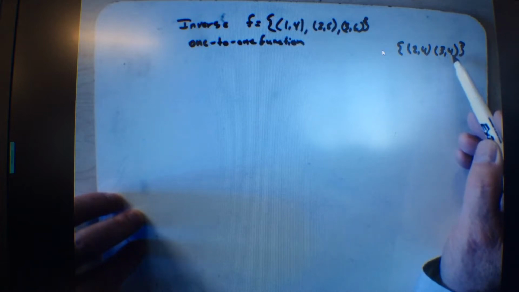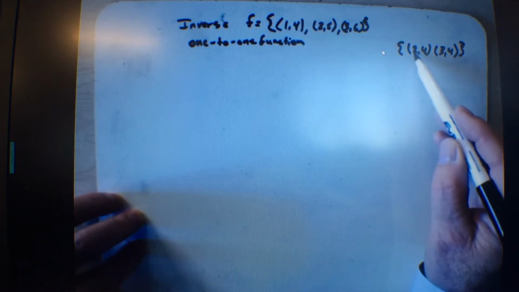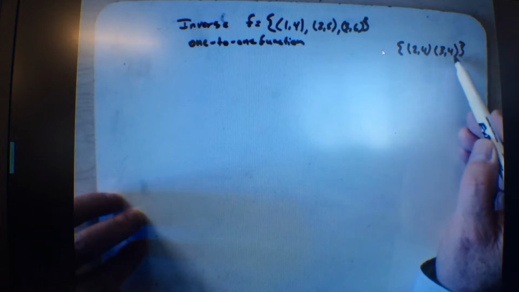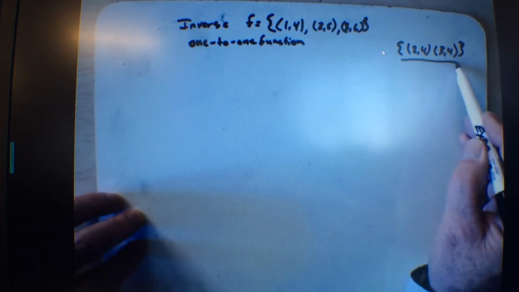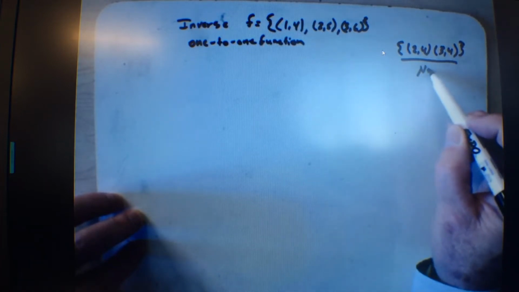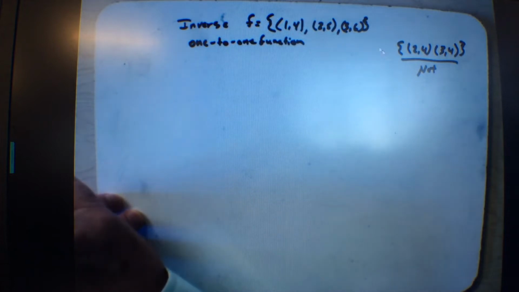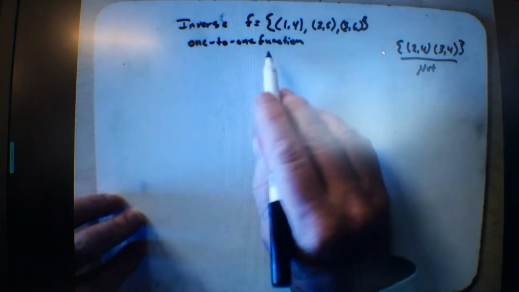Okay? What we can't do is go 2, 4 and 2, 5. Right? We can't have the same x going to two y's. That's not a function. Correct? Now this is not a one-to-one function, okay? So in a one-to-one function, every x has to have a different y.